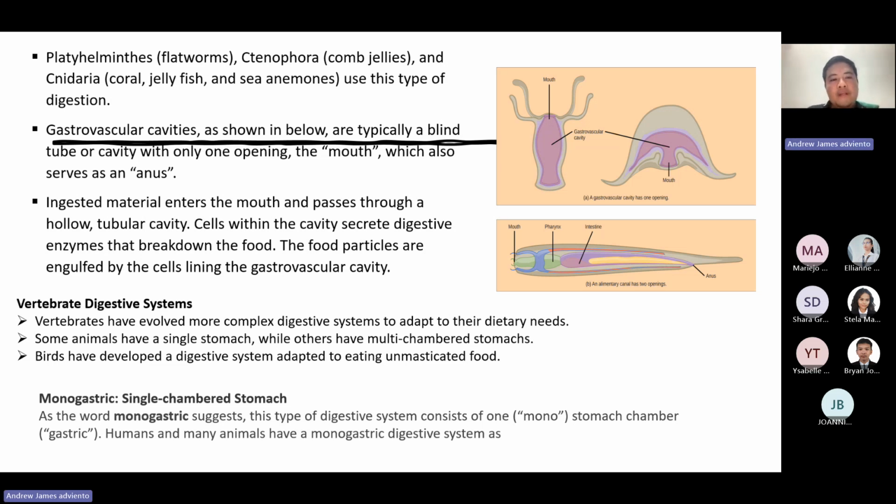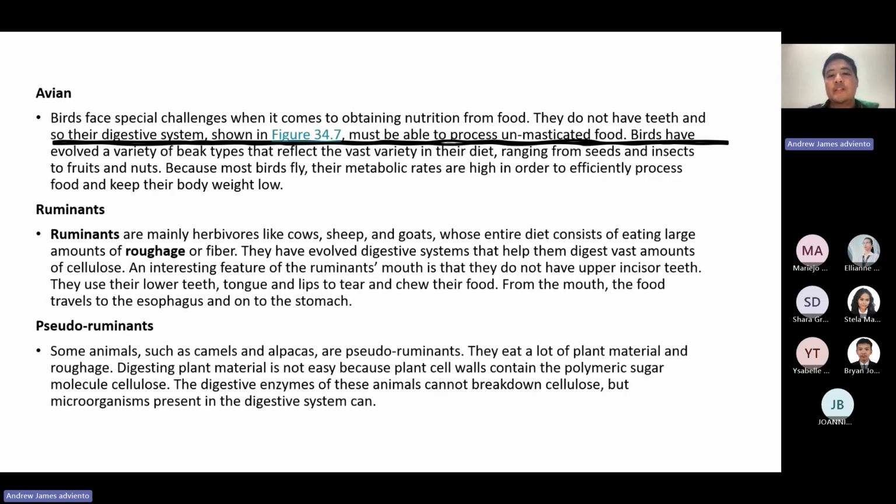Okay. Another interesting one are the birds. We know that birds do not have teeth, so they cannot really chew the food that they are eating. They just swallow it, and then it goes to their stomach. That's why, actually, if you notice, when birds are eating food, they also eat pebbles, small, maliliit na bato. They also ingest small pebbles.